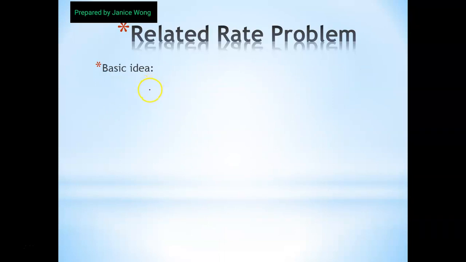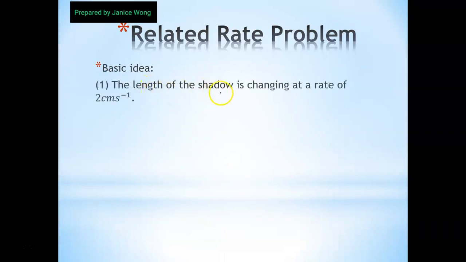Basic idea. Say the length of the shadow is changing at the rate of 2 cm per second. When you see this statement, you must know how to convert it to mathematical form. So the length of the shadow, you let this be a variable, say L. It is a variable because it's changing, right? Changing with respect to time in seconds. So it's changing at the rate of 2 cm per second.